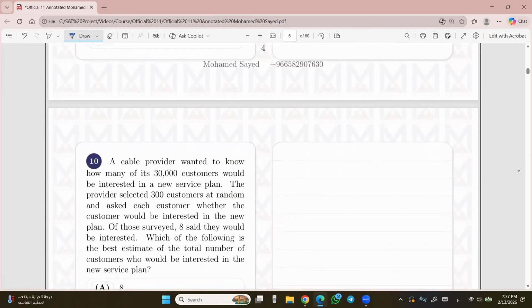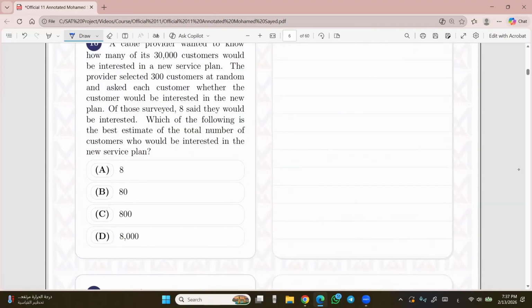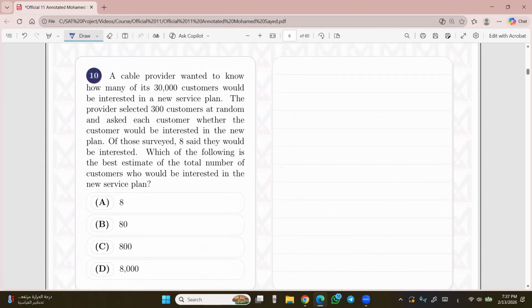Number 10, a cable provider wants to know how many of its 30,000 customers would be interested in a new service plan. The provider selected 300 customers at random and asked each customer whether the customer would be interested in the new plan. Of those surveyed, of those 300, 8 said they would be interested.